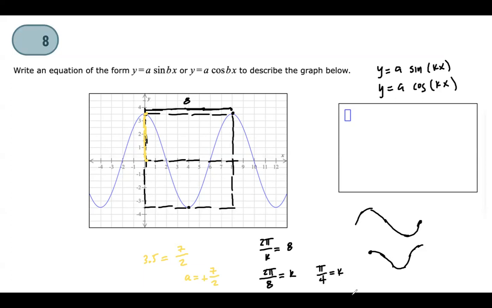So if you notice, in this particular case, we have the K in terms of pi. Why? Because we needed a value. If you do 2 pi over K, and K happens to be pi over 4, you're going to do 2 pi over pi over 4. So you're going to have 8 pi divided by pi.